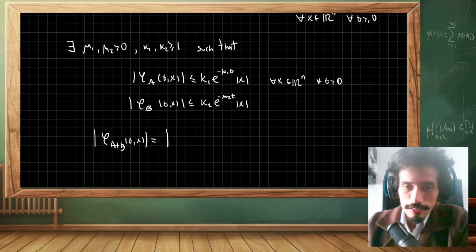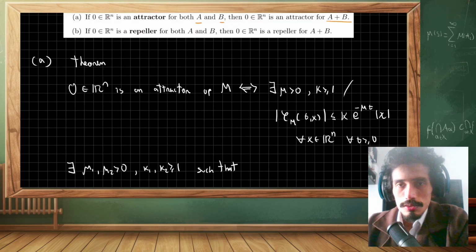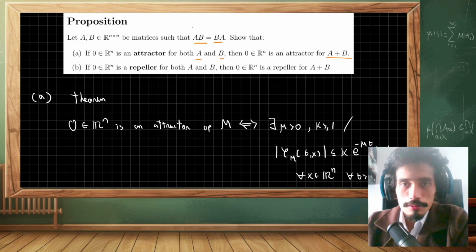And this is by definition equal to this exponential times x. And since these two matrices commute, then we apply the property that tells you that, since they commute, an obvious corollary is that these two matrices also commute.